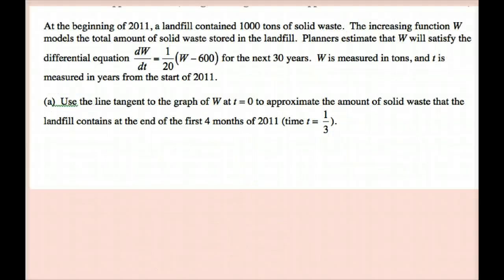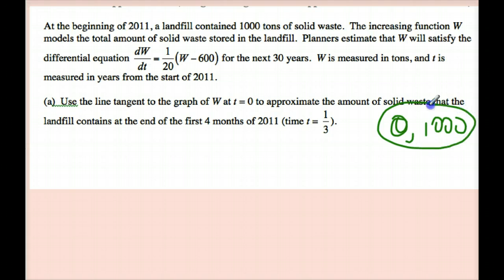Let's see how this can be used in the real world. If you take a look at page 13 in your white packet, it says at the beginning, a landfill contained 1,000 tons. So in the beginning, when time was equal to 0, this contained 1,000 tons.